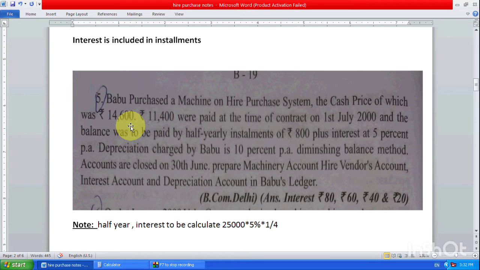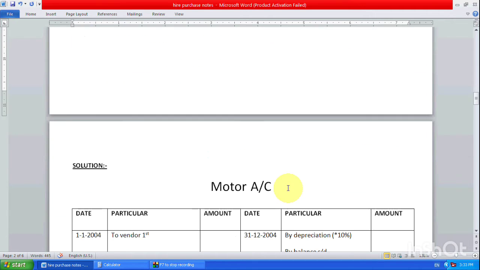Here it is half yearly, so directly write half yearly. Interest is to be calculated after the down payment, so 14,600 minus 11,400, so we get 3,200 into 5% into 1 divided by 2.